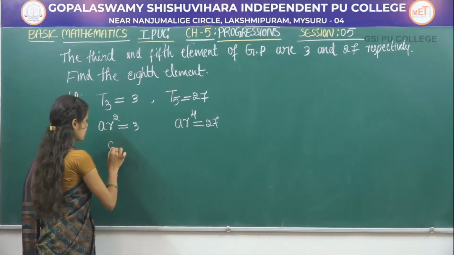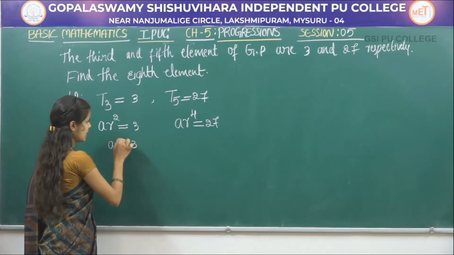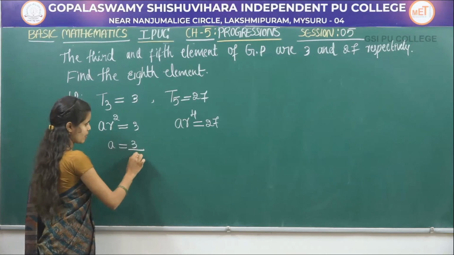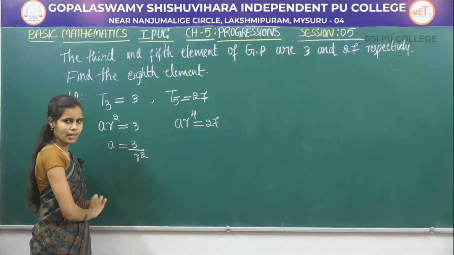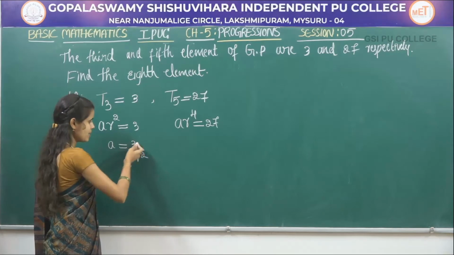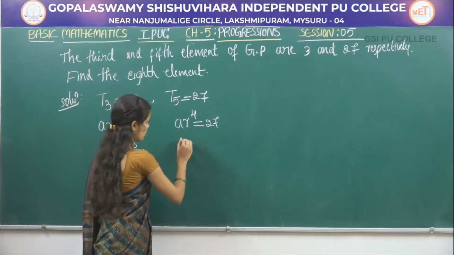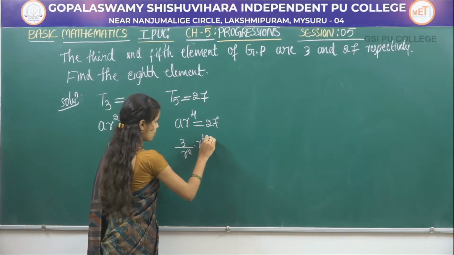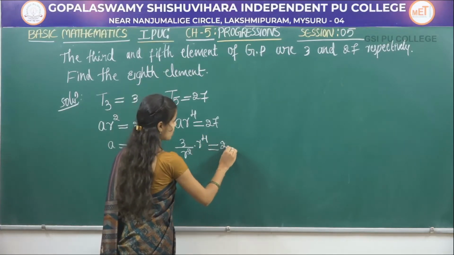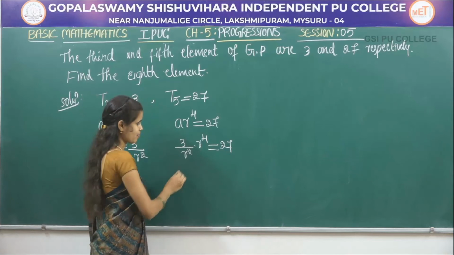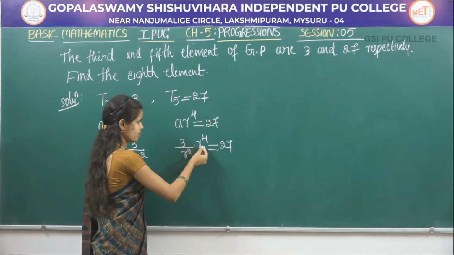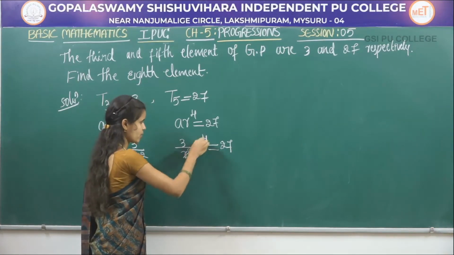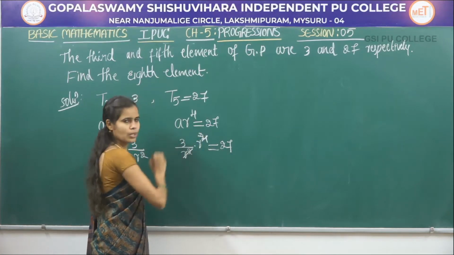Therefore A is equal to 3 divided by R square. Substituting A as 3 by R square, we get 3 by R square into R to the power of 4 is equal to 27. Here R to the power of 4 and R square, so 2 terms get cancelled, with 2 terms remaining.